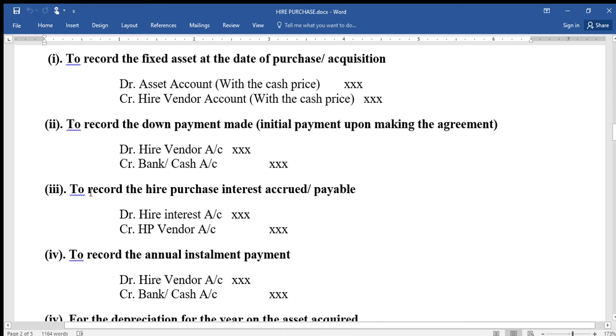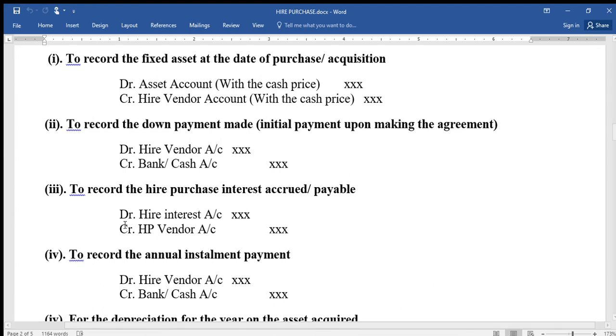Then the third accounting entry is to record the hire purchase interest accrued or payable. Accrued or payable is when you haven't paid for it. Interest is an expense and it increases by debiting. So to record the hire purchase interest accrued, we debit the hire purchase interest account, and when we have not paid for it, it means that the hire vendor is still demanding from us.